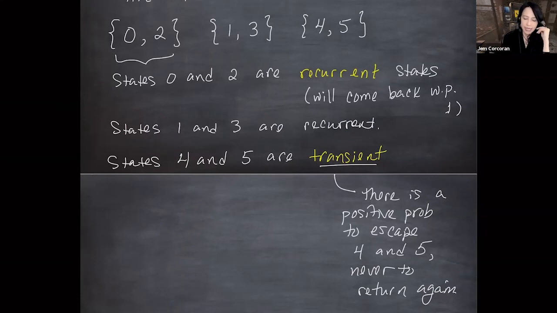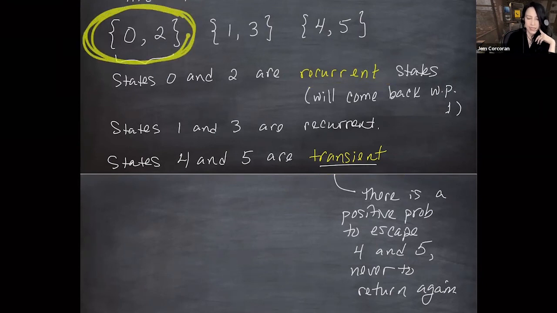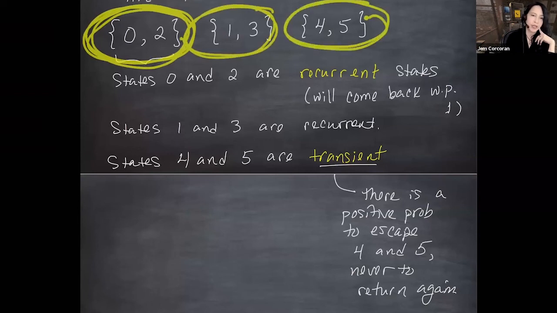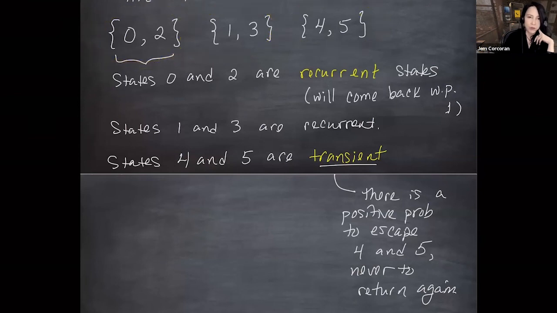So what I'm trying to say is that if you have things communicating, then they are either both transient or both recurrent. And we can use these words, recurrence and transience, on the classes. So this class of states is said to be recurrent, and this class of states is said to be recurrent, and this one is said to be transient because from 4 and 5, you can go back to 0, and then you won't get back. So recurrence and transience apply to states and classes.